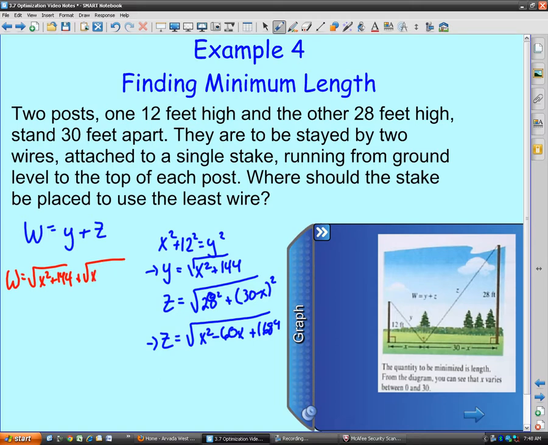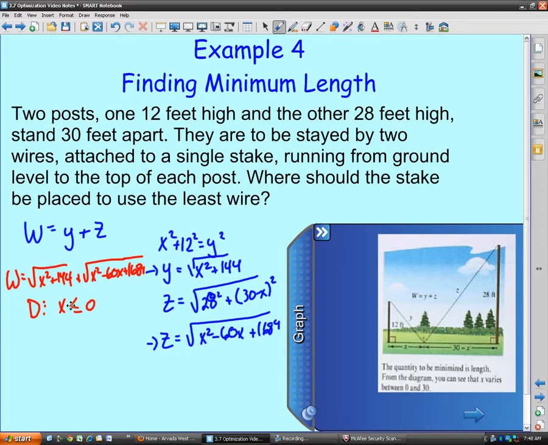All right, so there's our new function. And we know that we have to be between 0 and 30 because of the posts, so our domain is going to be 0 is less than or equal to x, which is less than or equal to 30.